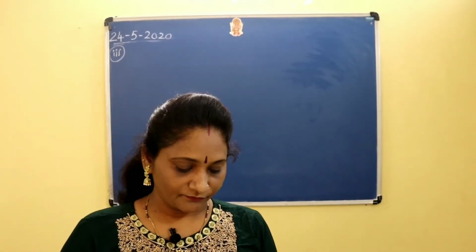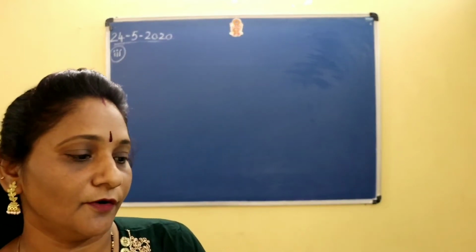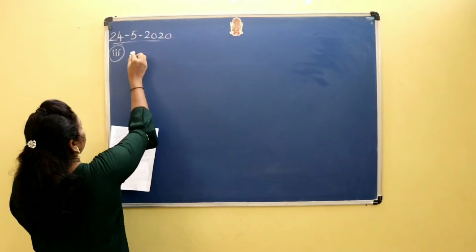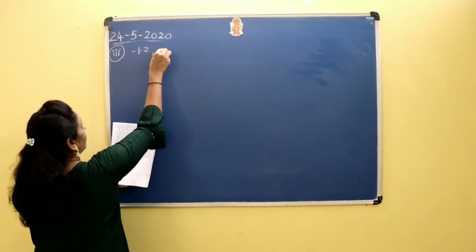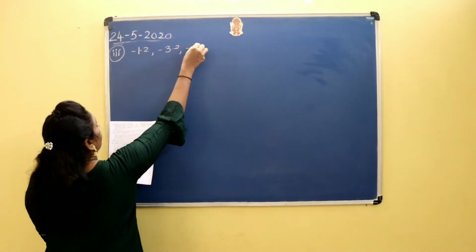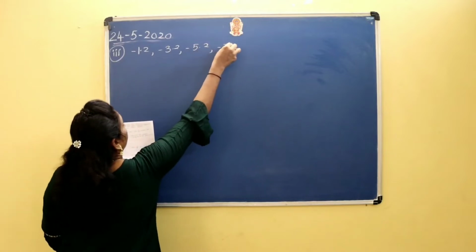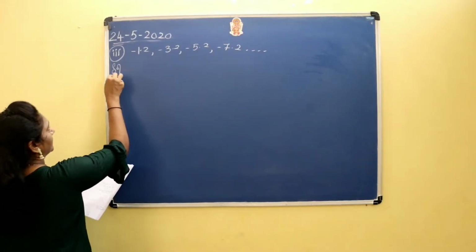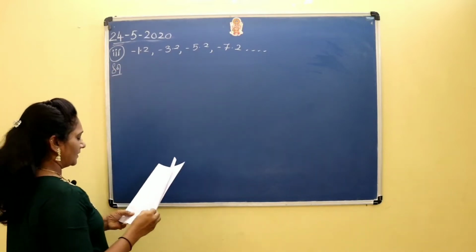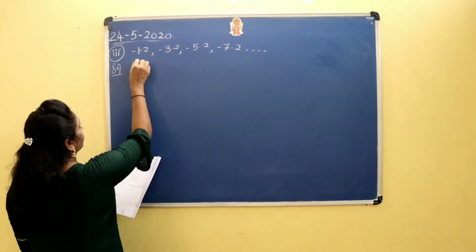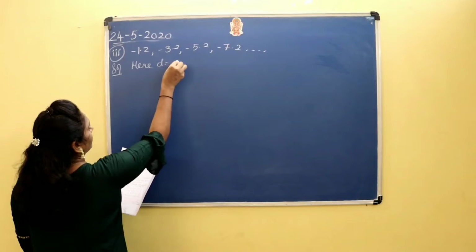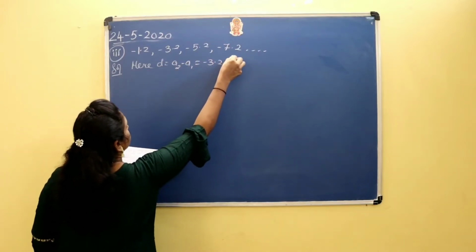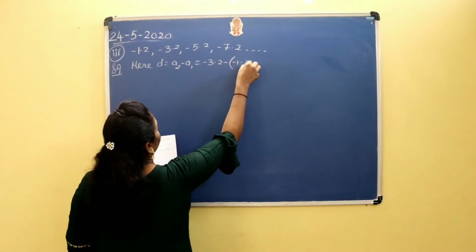Question number 3. Main question 4, sub question 3: minus 1.2, minus 3.2, minus 5.2, minus 7.2 and so on. Here D is equal to A2 minus A1, minus 3.2 minus of minus 1.2.